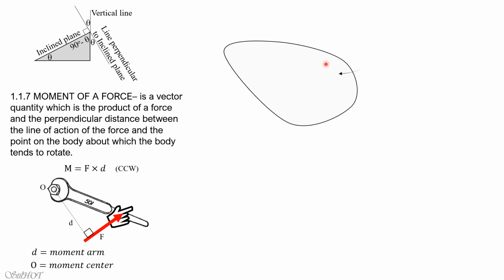Then, in general, if we have here the plane of the force, and we have here a point O, then that point actually is not a point, but rather an axis about which rotation occurs. That point O in 2D appears as a point, but actually it is an axis perpendicular to the plane of the force.